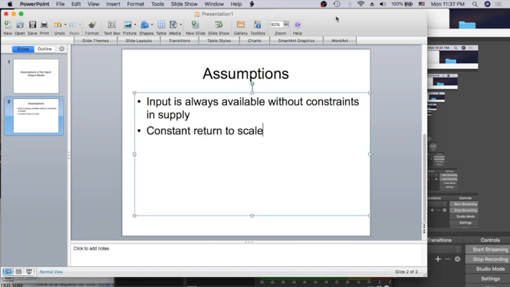The second assumption we have here is a constant return to scale. The required input can be put in relative terms as ratios, as we did when transforming the transaction table into the standard A matrix. And we assume that linear relationship will continue.